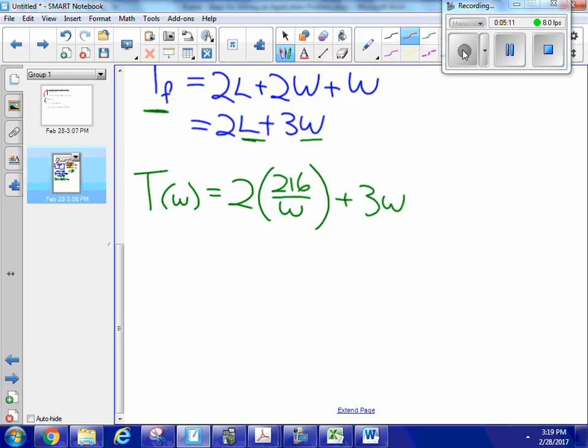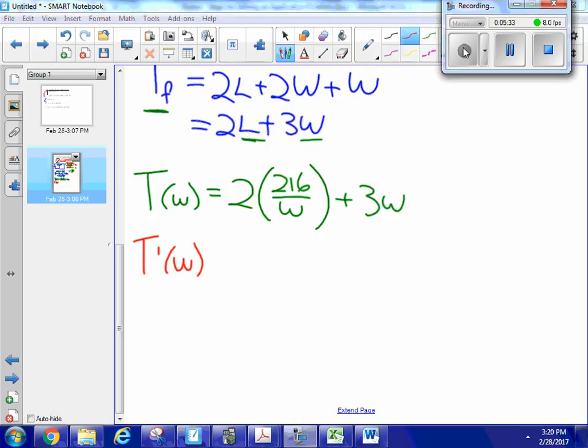So again, I'm using calculus. What I need to do is find the derivative. I need to find T prime of W, find out where that equals 0, or doesn't exist, and then see if that's a minimum or maximum, because that's what I'm looking for. I'm looking for a minimum here.